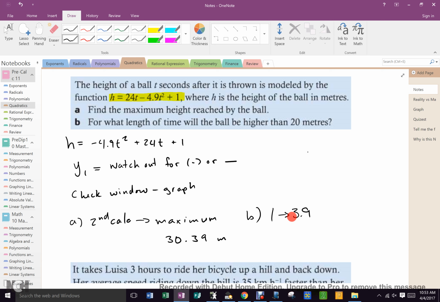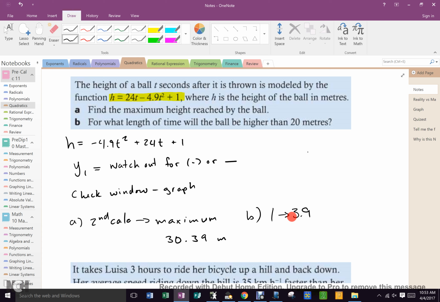Yeah, so 2.9 seconds. So where we are now in pre-calc 11 is if there's no decimals and fractions and stuff, we can do everything with parabola, yes? If we encounter decimals and fractions and stuff, what do we go to? Which calculator? Your fancy schmancy one. And on your fancy schmancy calculator, what are the buttons you are looking for?